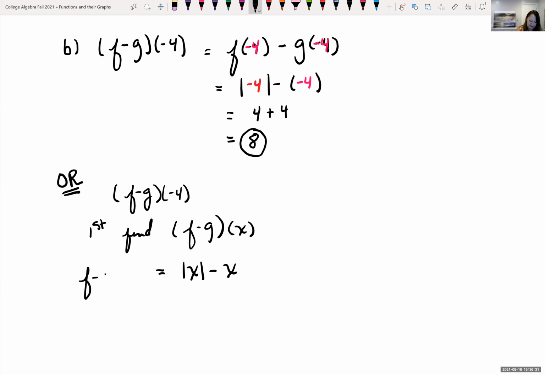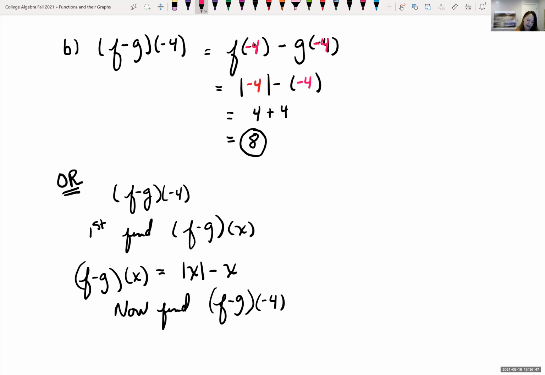And then find (f - g)(-4). So now we have what (f - g)(x) is. We can now go in and plug in -4 wherever we see an x in the difference of the two functions. And we can see that we're going to get the absolute value of -4, which is 4, minus a -4, which is plus 4, which again gives us 8. So either way, you're going to get the same result.